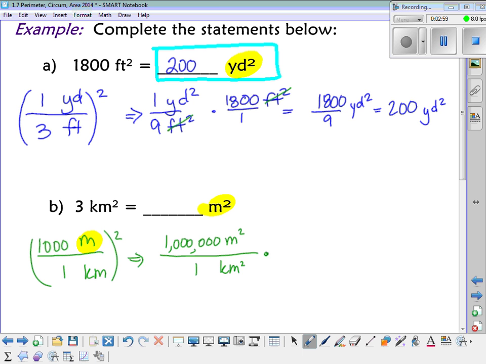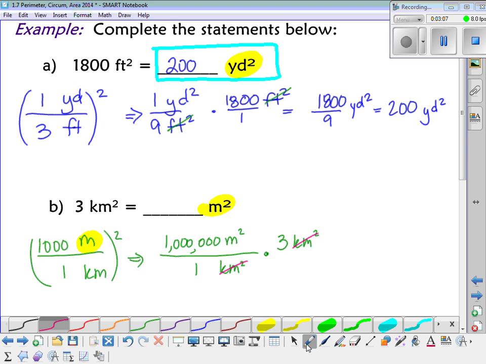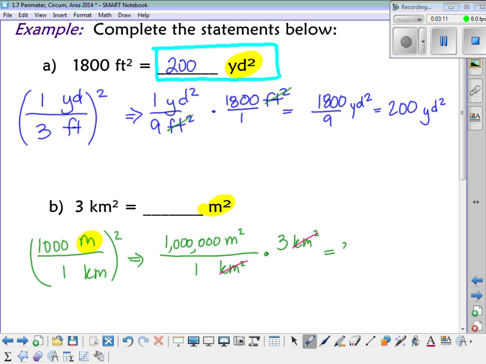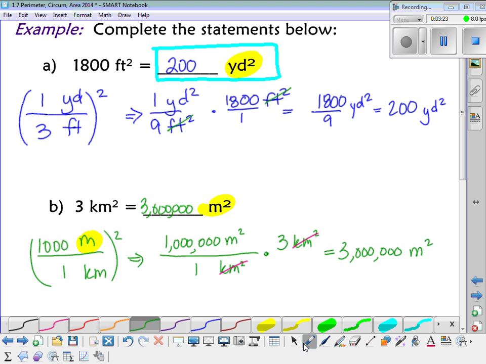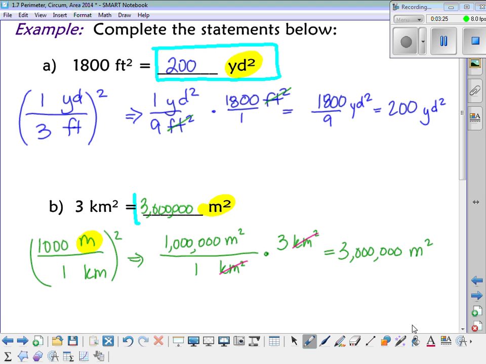And that's what I'm going to multiply my 3 kilometers squared times. And so the kilometers squared cancels out, and I'm just left with 3 times a million, so 3 million square meters. And that would be our answer for this one.